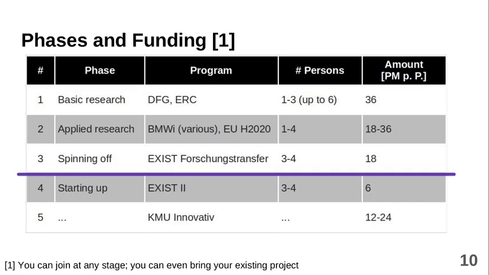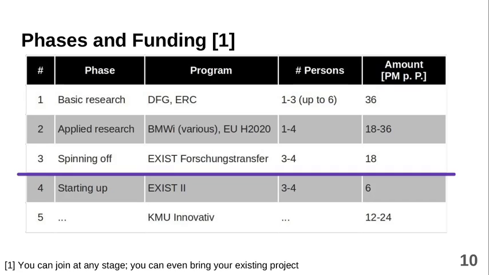And step 3, the Exist Forschungstransfer, is a particular program aimed at supporting budding startups to become successful startups. So the money goes to the university, but it's easily €1 million that funds 4 people plus materials for the purposes of developing some research prototype, that's how the funder views it, into something that can be a product.